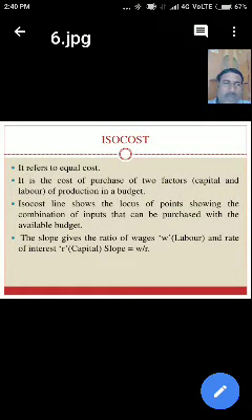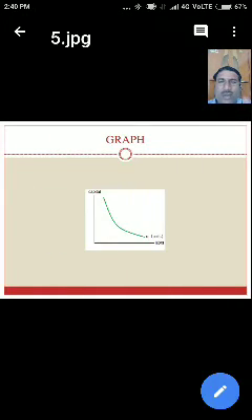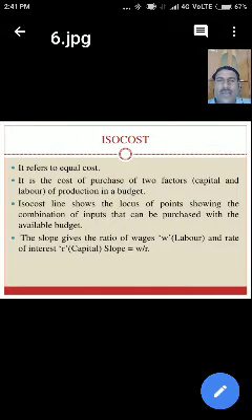Isocost line. You already know the characteristics and importance of the isoquant, which we studied in the previous video. That's why I am only mentioning it briefly. Then isocost refers to equal cost. It is the cost of purchasing the two factors of production, labor and capital, within the budget.